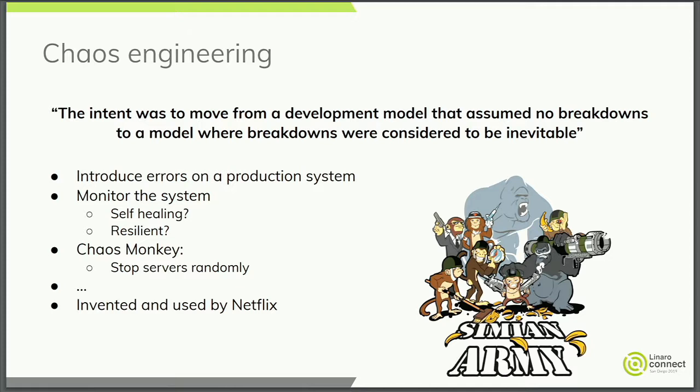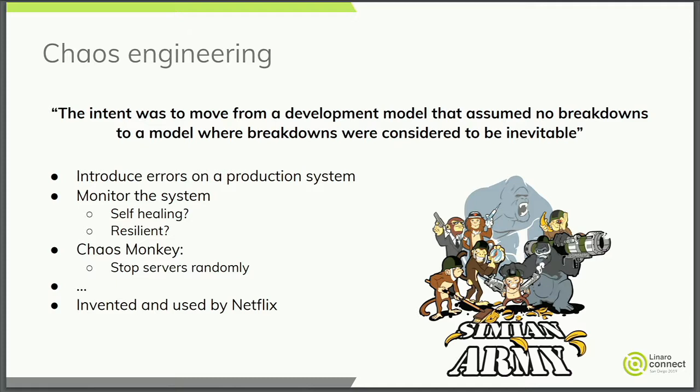In order to do that, they created what they call the Simian army, which is made of different programs. The most well-known one is called Chaos Monkey. It's a process that will connect to a random server in the data center and just shut it down on a production system.